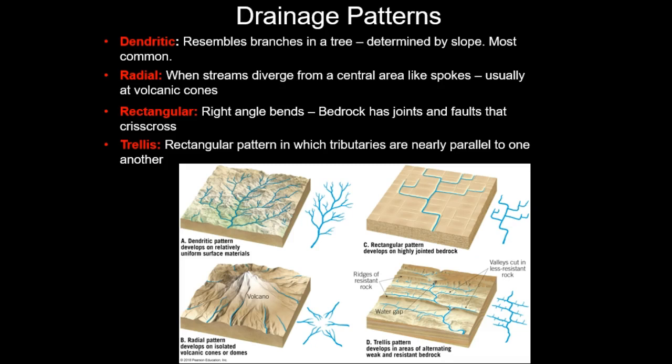It is a very common pattern for the folded Appalachian Mountains. In this case, the less resistant parts would be the ones where the flow is, and the more resistant ridges would be the subdivisions between each parallel stream.